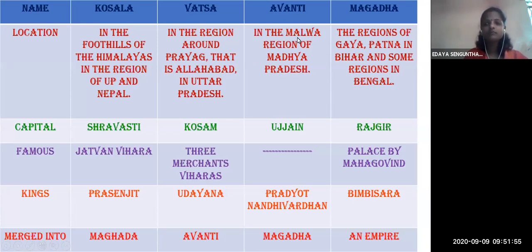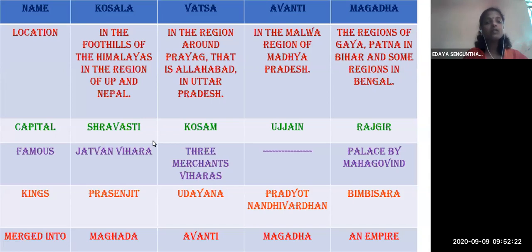Avanti in the Malwa region of Madhya Pradesh. Very good, beta. You corrected your mistake yourself. And what is the location of Magadha? The regions of Gaya, Patna in Bihar and some regions in Bengal.